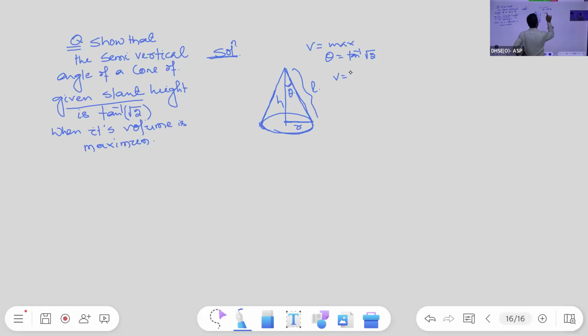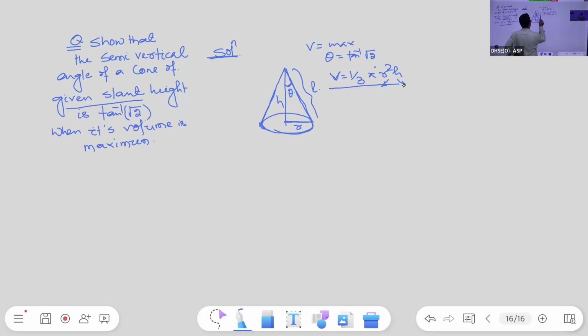Volume V is equal to 1 by 3 pi r square h. Now volume V is dependent on r and h. There are two independent variables. So first of all we have to reduce the two variables into one variable.